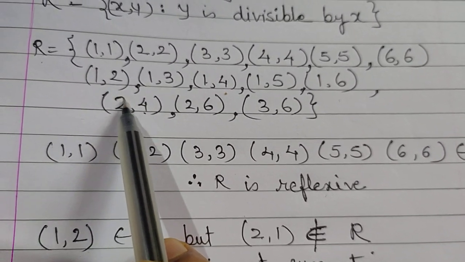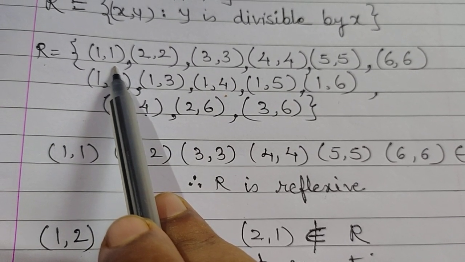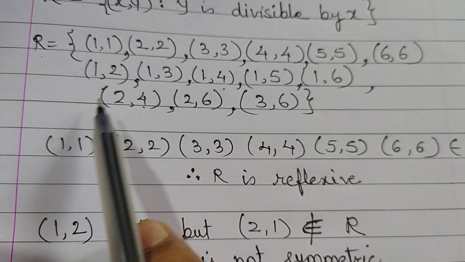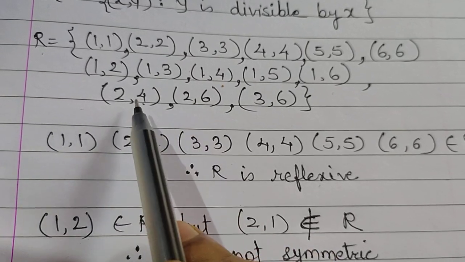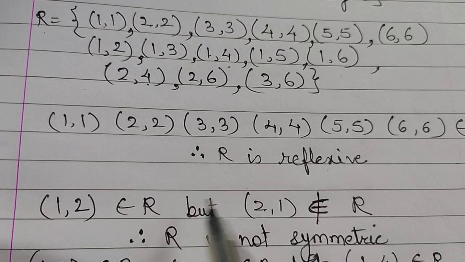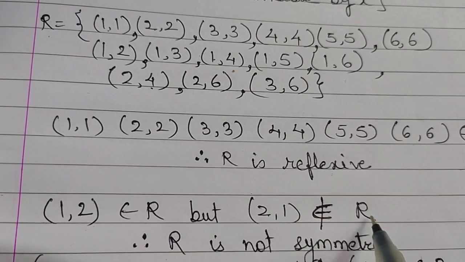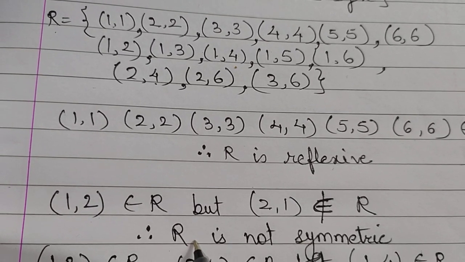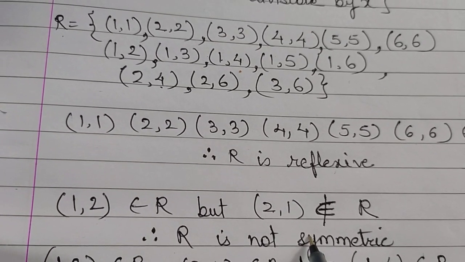Hence this relation R is not symmetric, because the symmetric property requires that if (a1, a2) belongs to R, then (a2, a1) must belong to R. So (1, 2) belongs to R, but (2, 1) does not belong to R. Hence R is not symmetric.